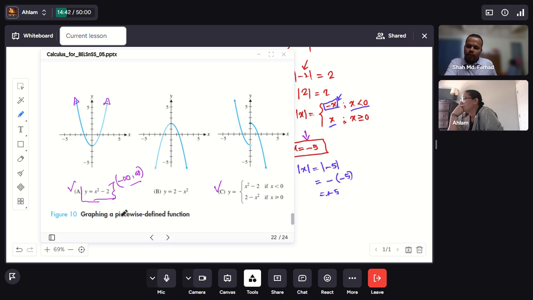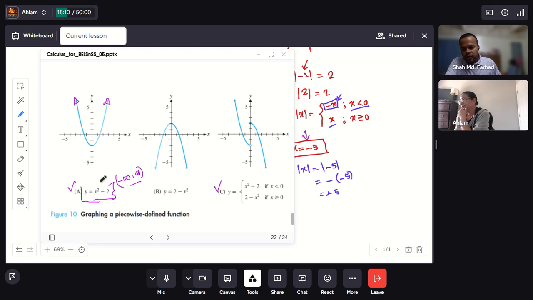Basically, the domain totally depends on the values of x. We already discussed this. That is the input. We call all input the domain.